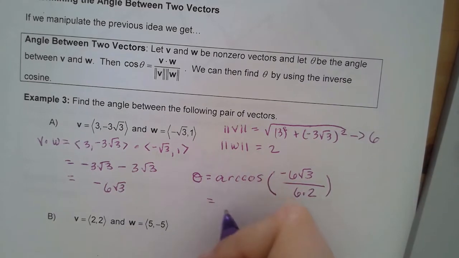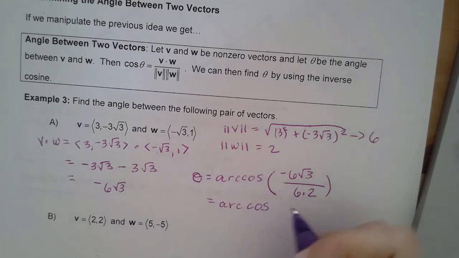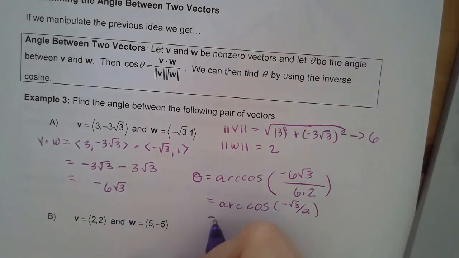When I do that out, I get arc cosine of negative square root of 3 over 2. Now look at your unit circle, and remember that even though there are two angles with cosine negative square root of 3 over 2, we are looking for the one between 0 and pi, which means that theta equals 5 pi over 6.